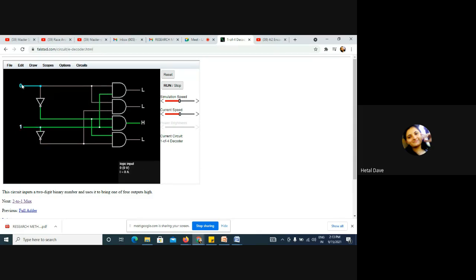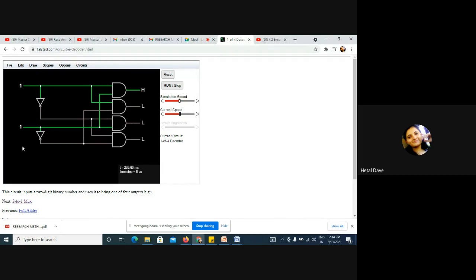Let's say again I change the input from 0, 1 to 1, 0. One line is high, and the rest of the lines generate low voltage. If I give 1, 1 as an input, the AND gate output will be high, and the rest of the AND gates generate low voltage.